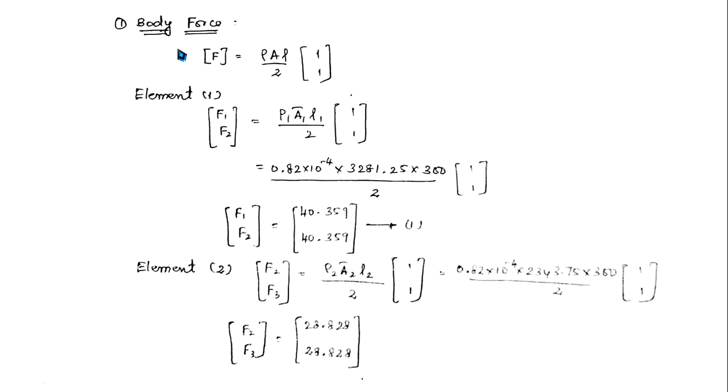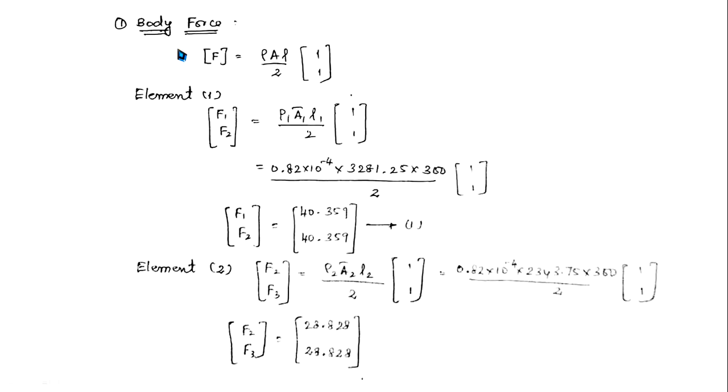As usual, before starting the problem, this is the first step in your FEA procedure. You have to ensure that all the given data, Young's modulus, length, width, area, density, everything, is in a single unit system. In this we have converted everything to Newton and mm.